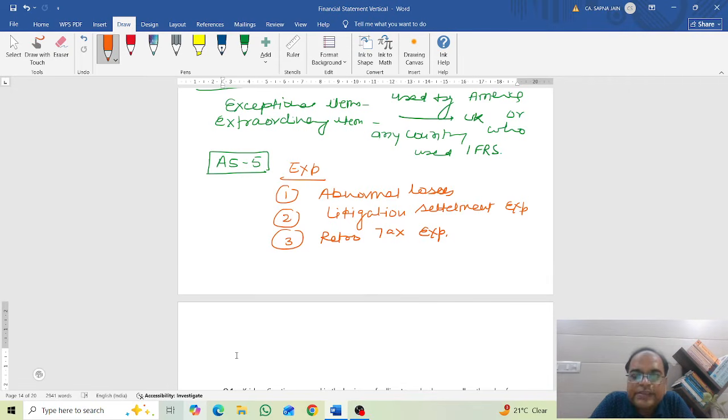Now the question is, what is litigation settlement expenses? Litigation means expenses related to law, expenses related to any case which is run under any court, the Department of Income Tax and GST.